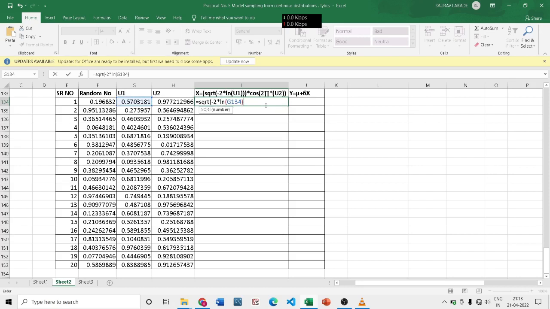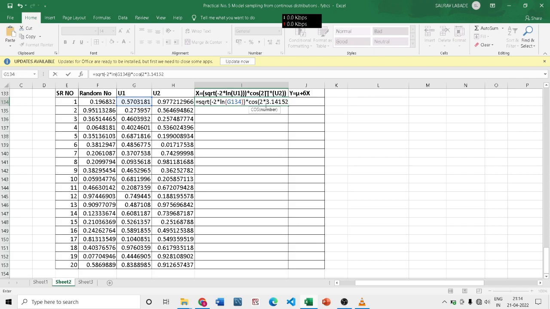And find out the square root of this number, multiply by cos of 2 into 3.14152, right?